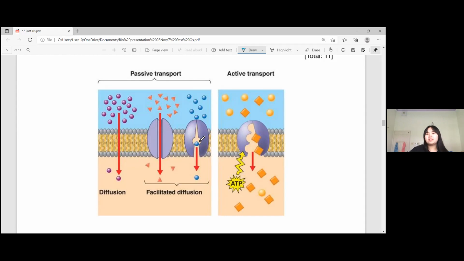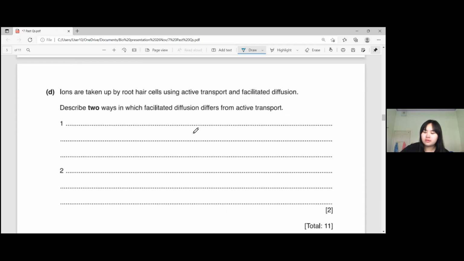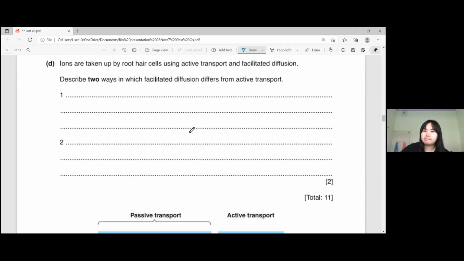So how does facilitated diffusion differ? Anyone want to answer? Yeah, Andrea got it. For facilitated diffusion, there is no ATP involved.